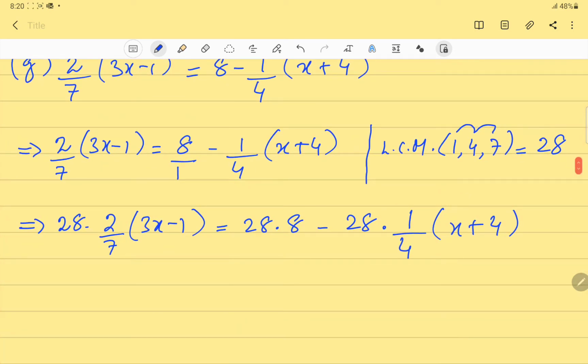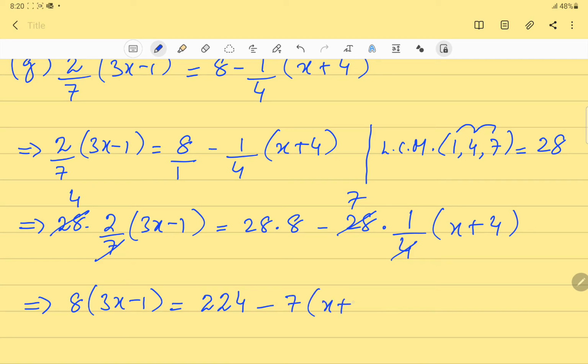Let us solve it now. 7 4s are 28, 4 7s are 28. So 4 multiplied by 2 is 8 into 3x minus 1. 28 multiplied by 8 is 224 minus 7 into x plus 4.